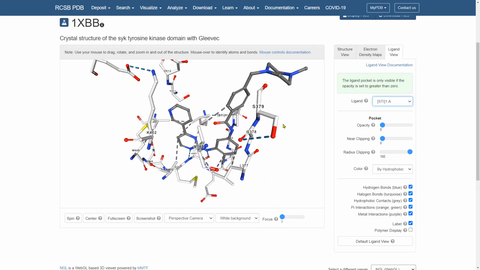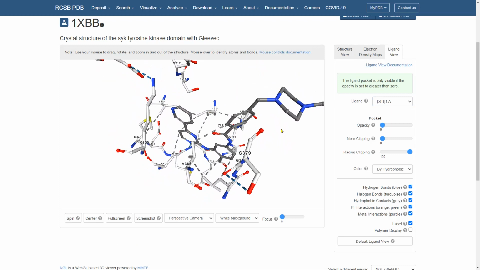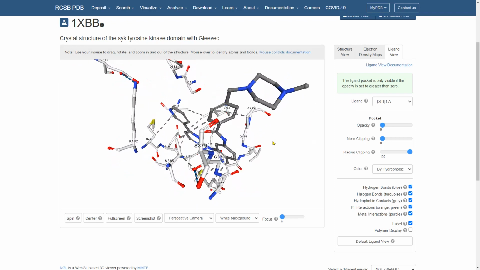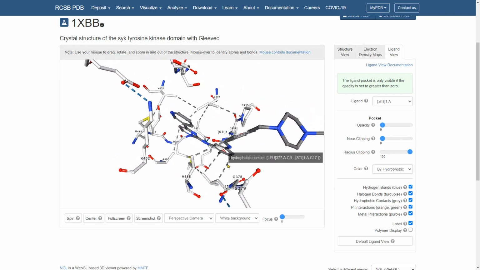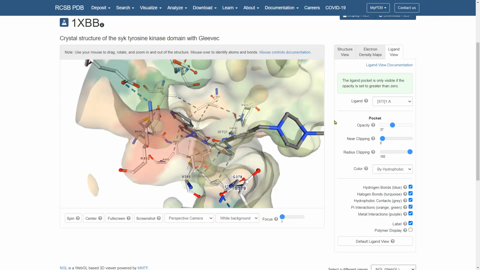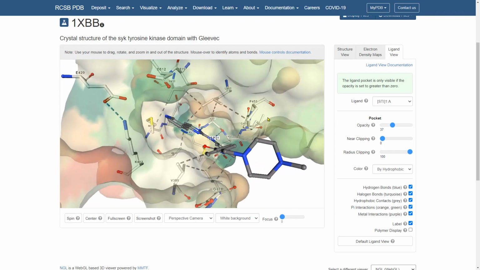Here are just the key amino acids in the target protein, mostly in white, and the structure of imatinib in gray. All the key interactions between the target and ligand are indicated with these dotted lines. We can turn up the opacity of the protein, the target protein, to better highlight the shape of the binding pocket.